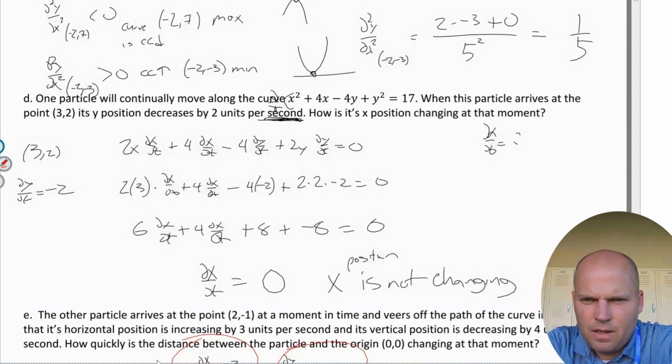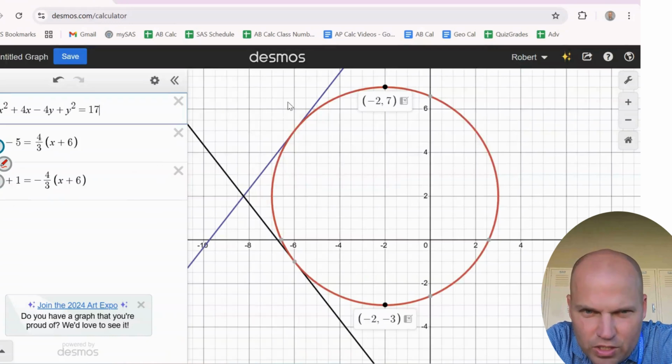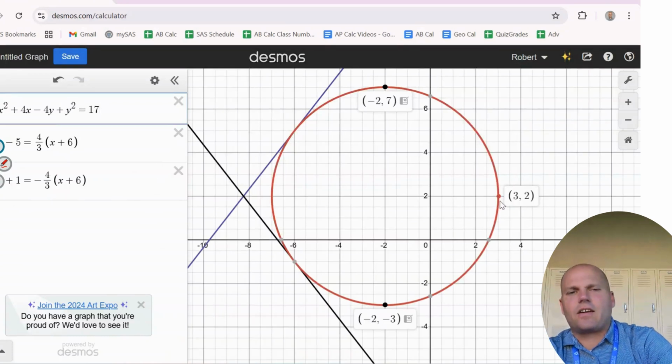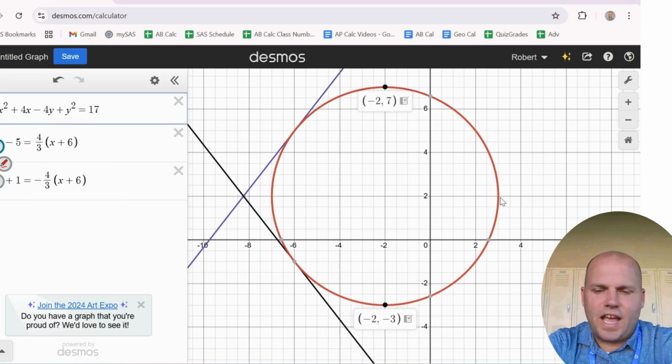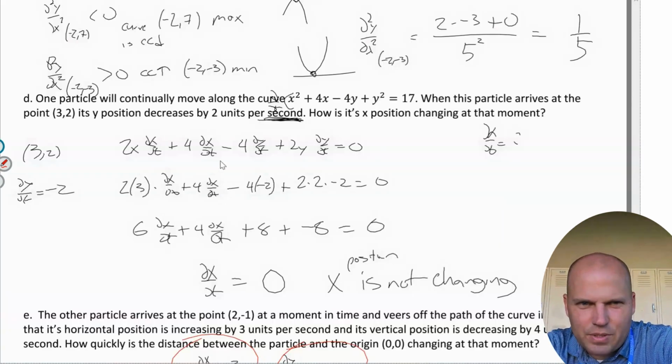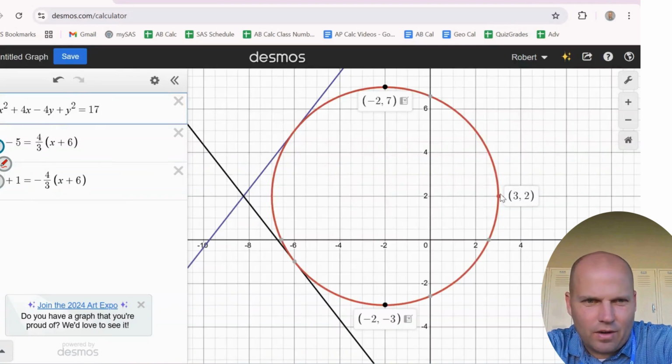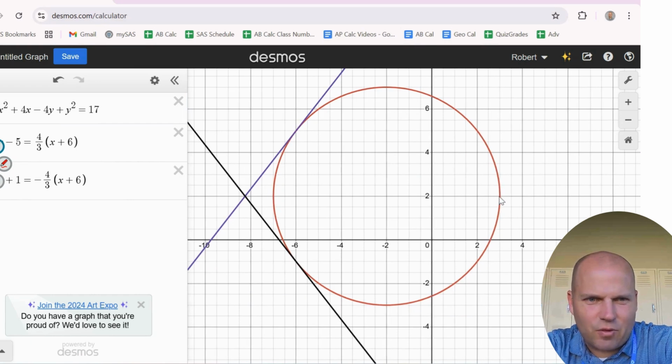That's good. Okay. When we get to the point 3, 2, look at that. Great situation. We say if the y position decreases by 2, if I'm going down, well, I'm not going to the left or to the right at all because I'm at this vertical tangent.